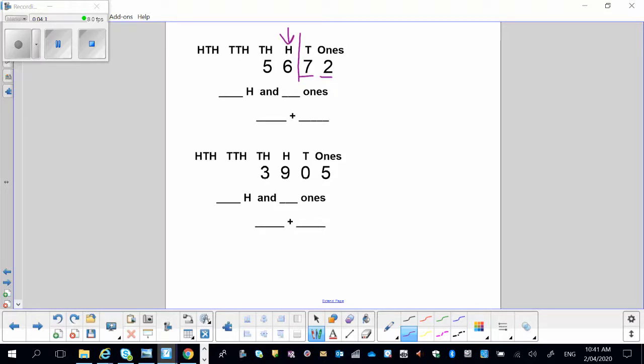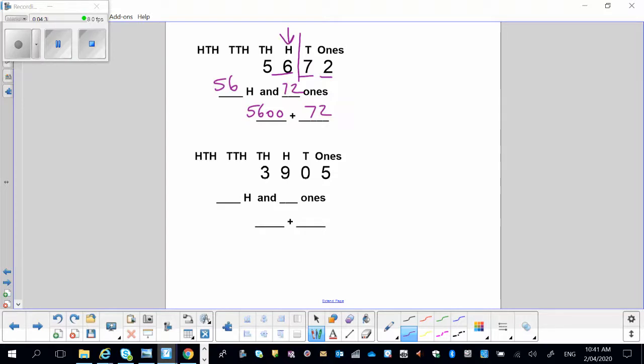I can now write down how many hundreds. I've got 56 hundreds. And how many ones? I've got 72 ones. So one way of partitioning the number 5,672 is 56 hundreds and 72 ones. I can write that down as an expression. It is 5,600 plus 72.